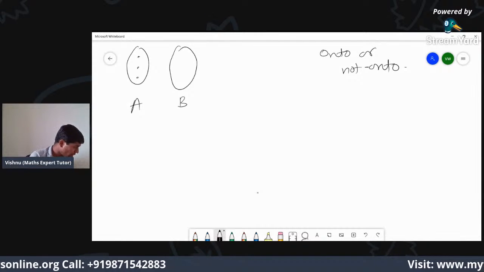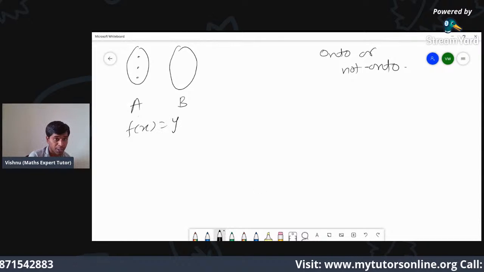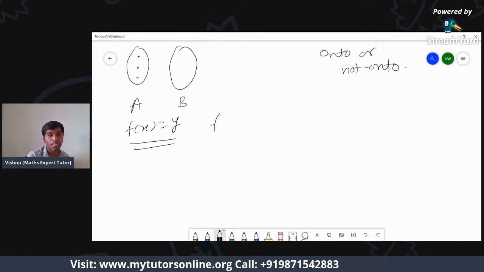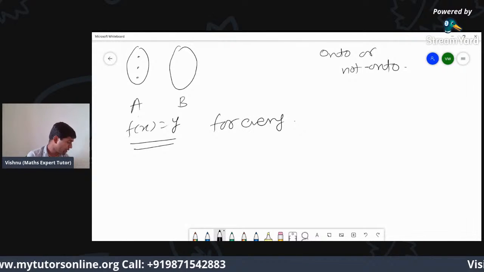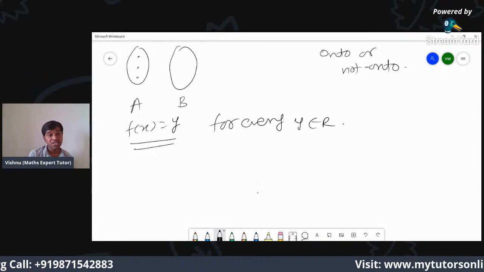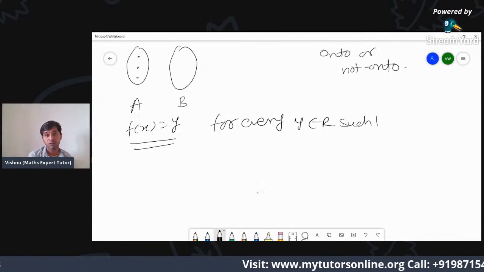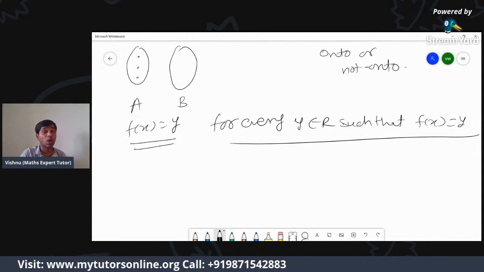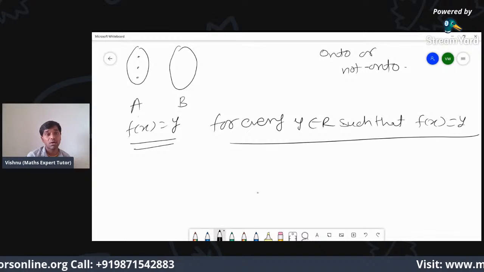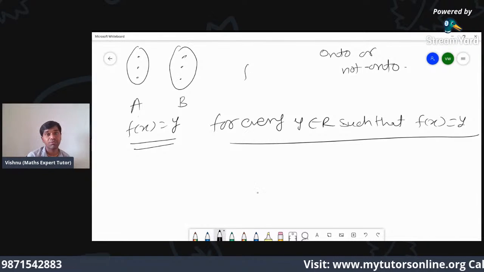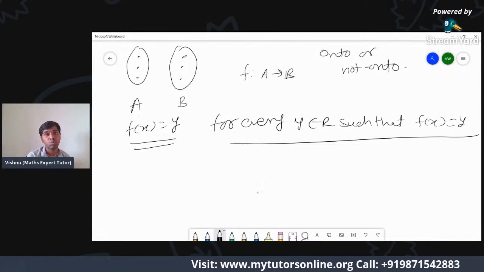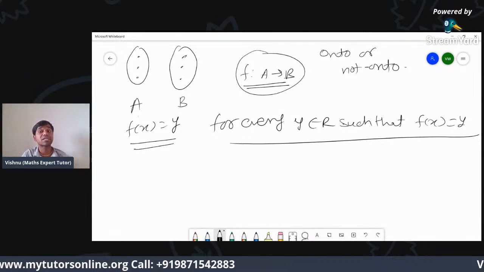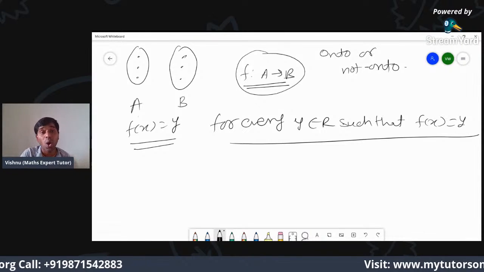So I'll just take an onto. For onto, I'll tell you the representation. f of x is equal to y for every y belongs to R, such that f of x is equal to y. If this is the case, for every y belongs to R, if this is the relation A comma B, and this is the function from A to B, for this relation, such that f of x is equal to y, then it is onto.